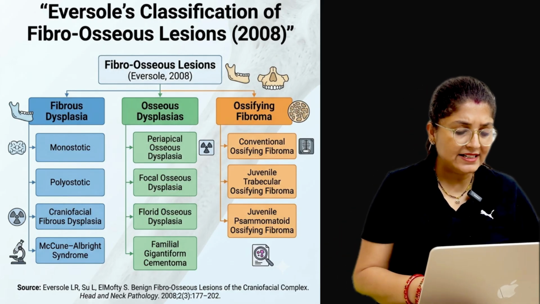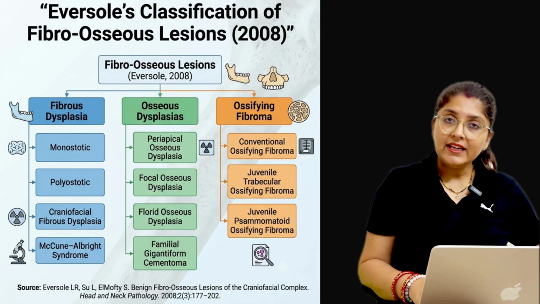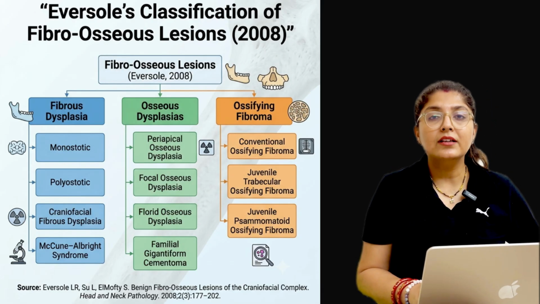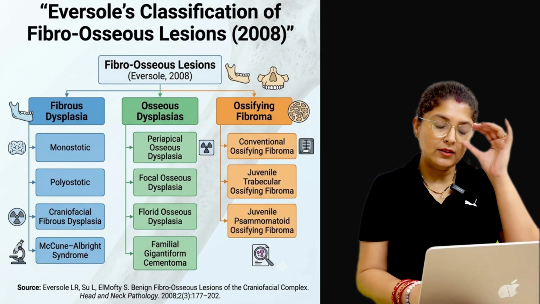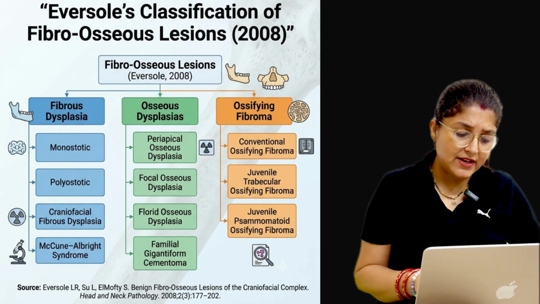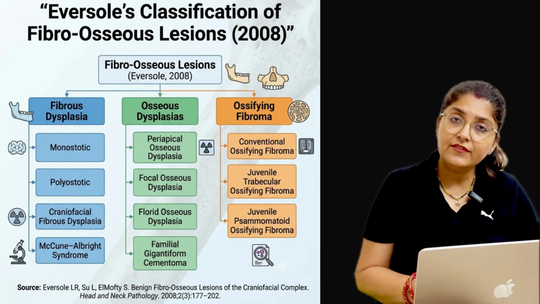Then we have osteitis deformans or Paget's disease. Alright. One thing I would like to say is that we shall be dealing with each and every lesion one by one, okay, in the upcoming videos. Fine. Then we have pagetoid heritable bone dysplasia of childhood.